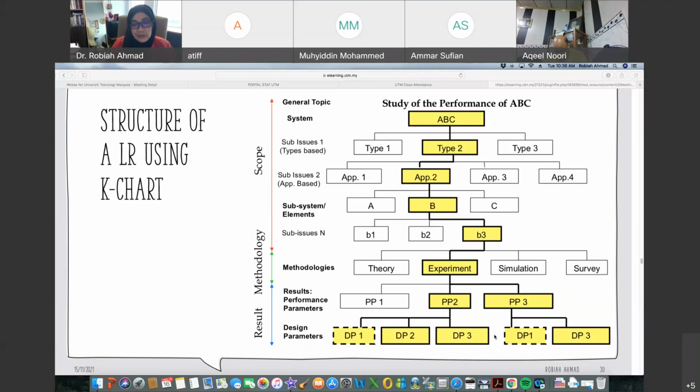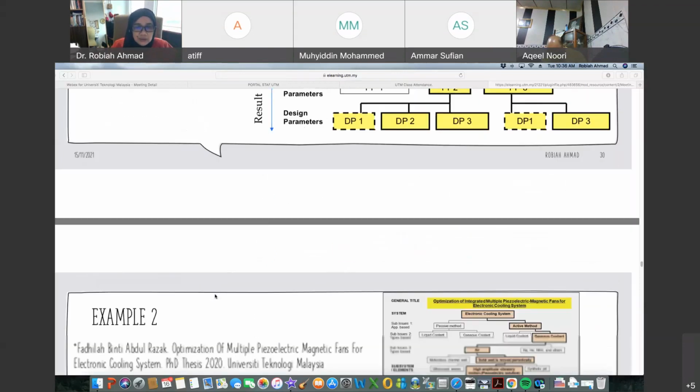So these are the design parameters. The performance parameters, maybe the speed, the efficiency, and so forth. So when you have this structure in this part, you're already clear what you're doing. So this is one method. If you have another method, it's okay. I would just like to share one of the methods.